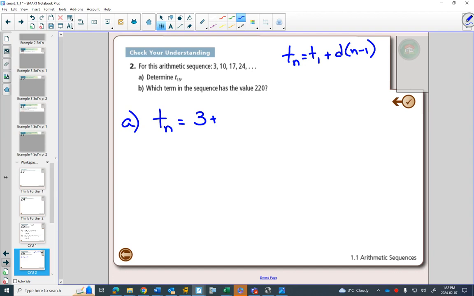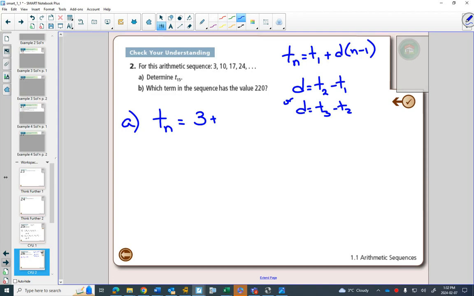You can always find d by taking any two consecutive terms and subtracting. If I did term 3 minus term 2, that should be the same every single time. Does it make sense that if I took 10 minus 3, I'd get 7? If I take 17 minus 10, I get 7. Sometimes they're going to ask you to check, is this an arithmetic sequence? And you have to make sure that they all work.